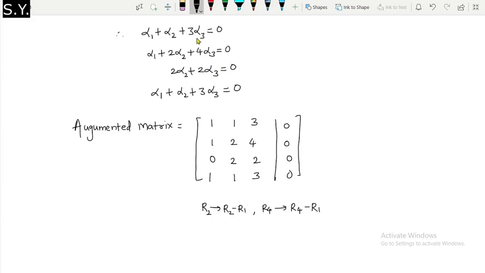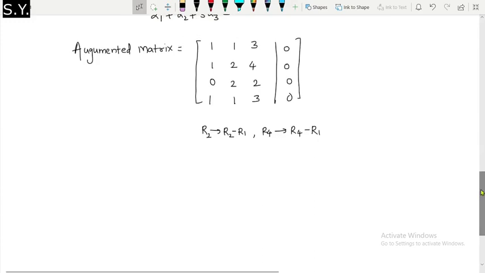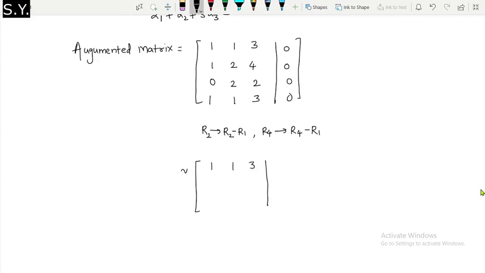So this will be equivalent to, the first row will be as it is. Now R2 minus R1, this will be 0, this is going to be 1, and this is going to be 1, this is going to be 0. I guess this will be as it is, 0, 2, 2. This is going to be 0, 0, 0, and this is going to be 0, 0.